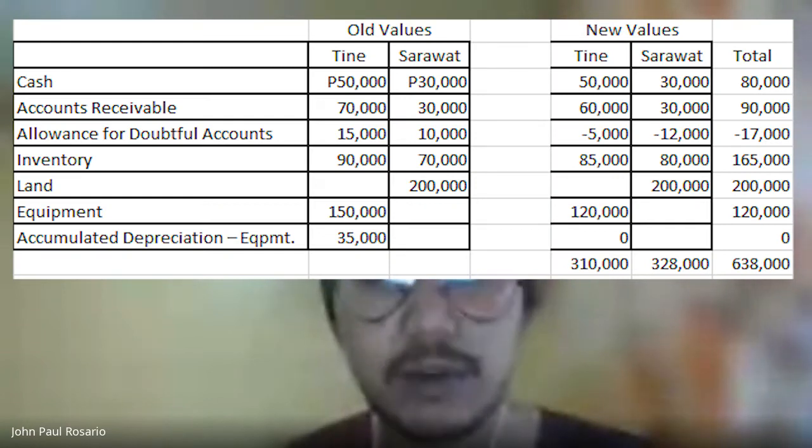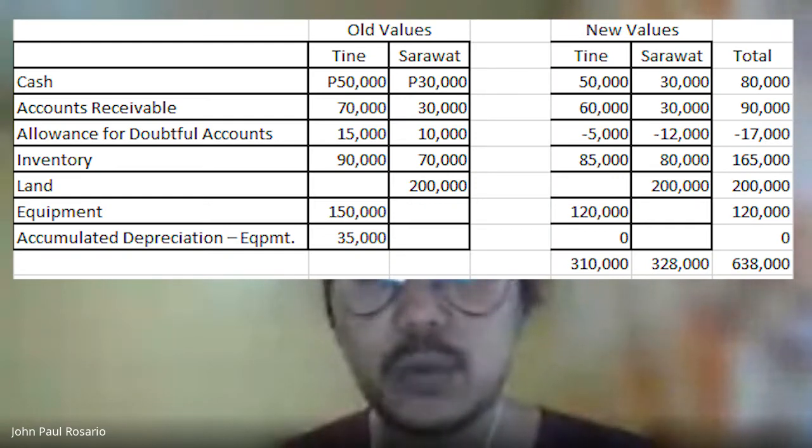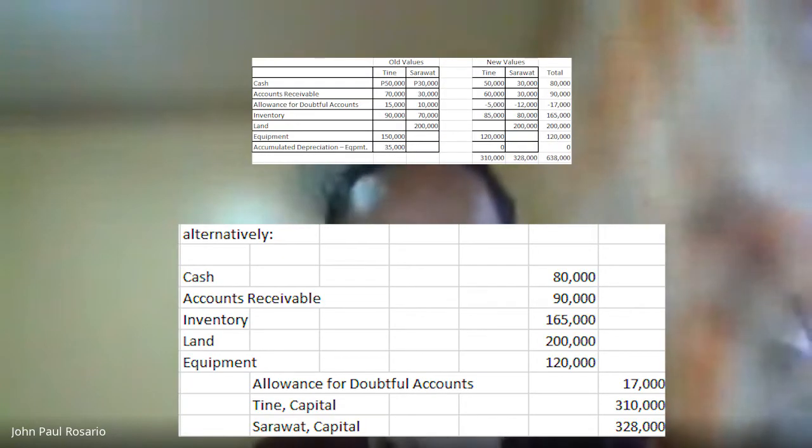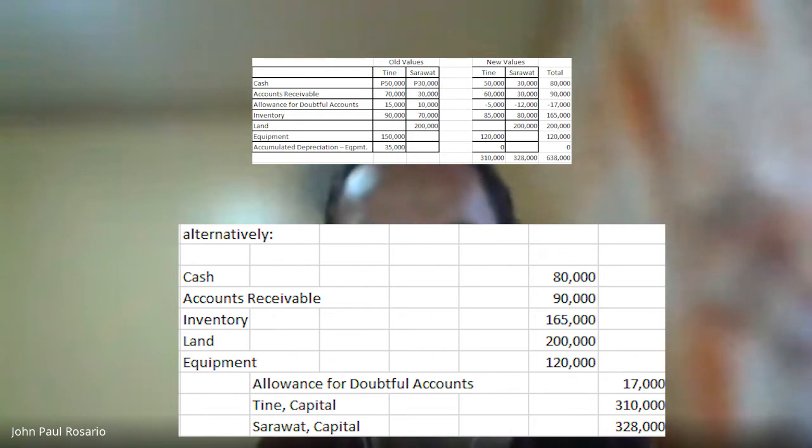Or actually, guys, you can do the shortcut journal entry, which would make this table very useful. So how do we do that? Okay, let's just copy this again. So alternatively, we could do it this way. For the cash, the total cash contributed is 80,000.